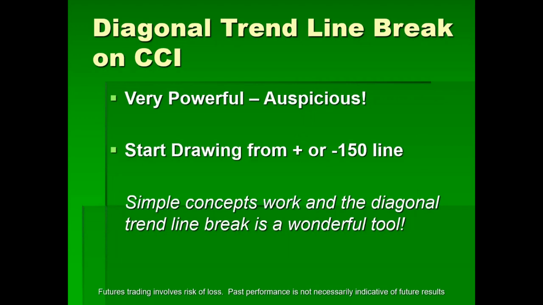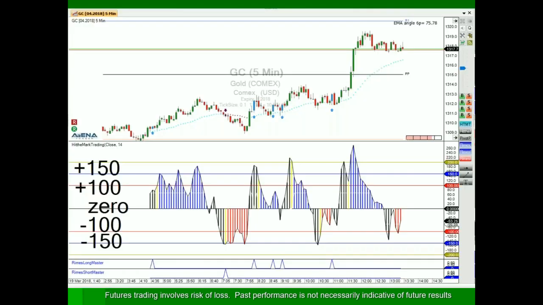We'll start drawing this from the plus or minus 150 line. And it's a very simple concept. So let's first define the CCI. What we have is a 0 line.